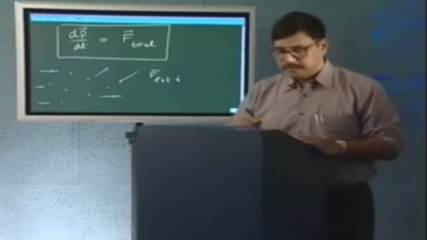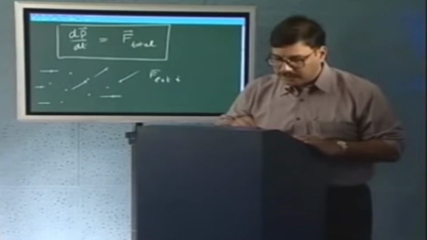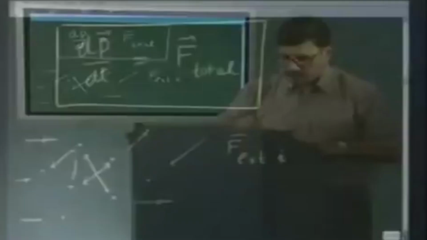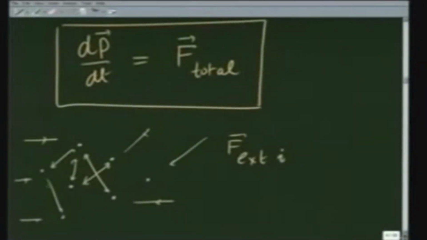In addition, they are also interacting with each other, which I will call the force on the ith particle due to j, so that the net force on the ith particle is the sum over j, the force applied by all other particles, but not i. It cannot apply a force on itself.